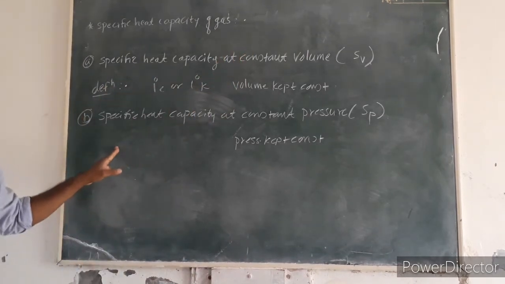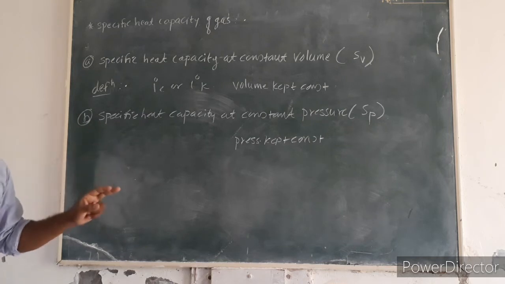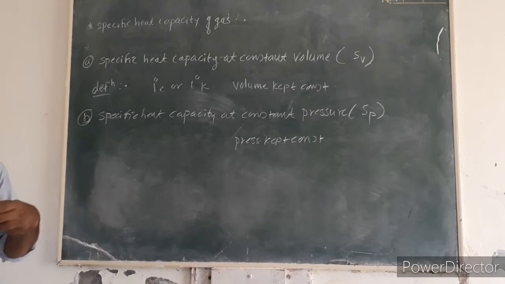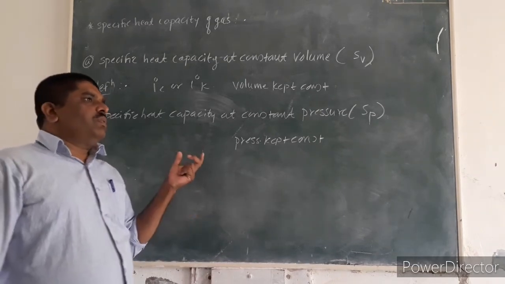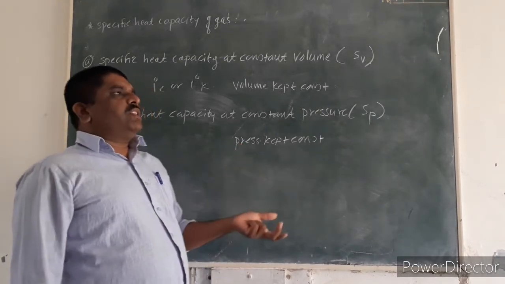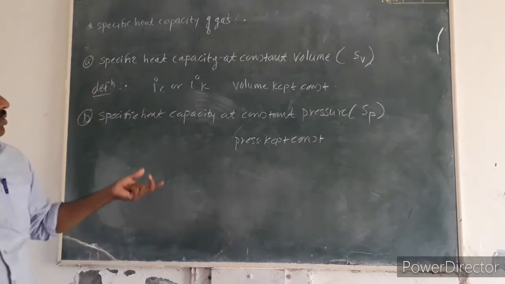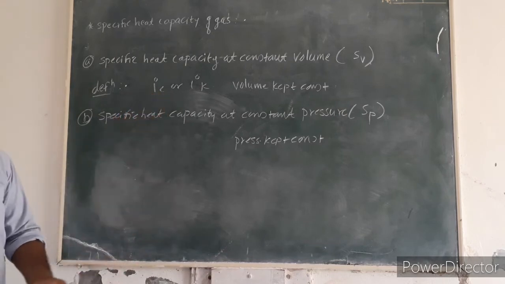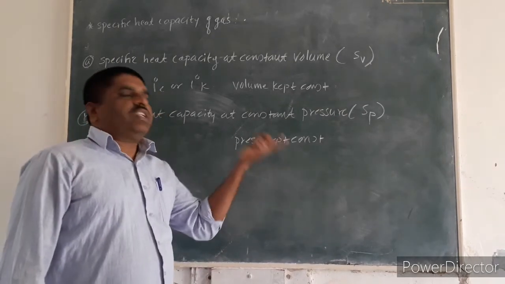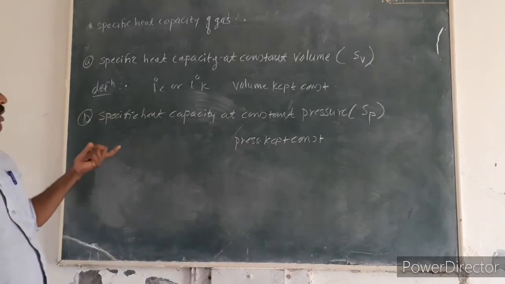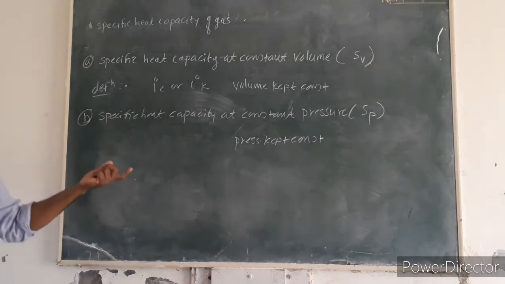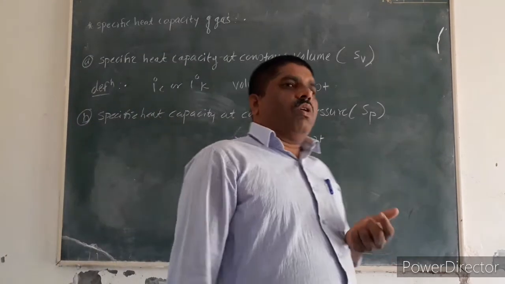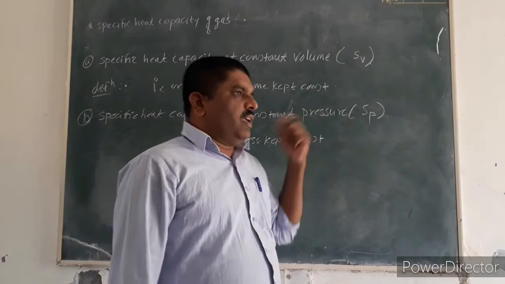And if we give the amount of heat or quantity of heat and the temperature increases or decreases through 1 degree Kelvin or 1 degree Celsius and pressure kept constant, then that type of specific heat capacity is called specific heat capacity at constant pressure, or it is denoted as SP.